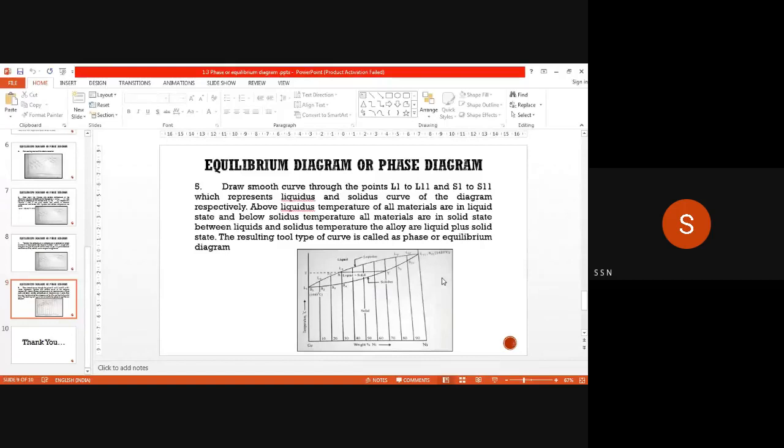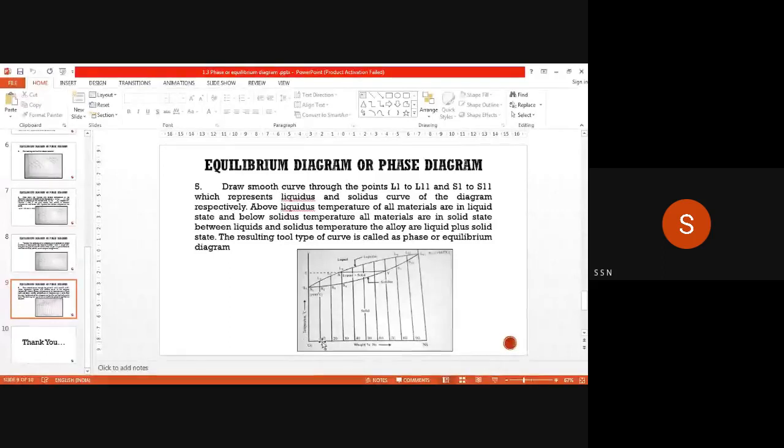Similarly, here in the equilibrium diagram, you just observe that different compositions are there, that means percentages of copper and nickel. Here, the initial point represents copper 100% and nickel 0%, and at the last point nickel is 100%.